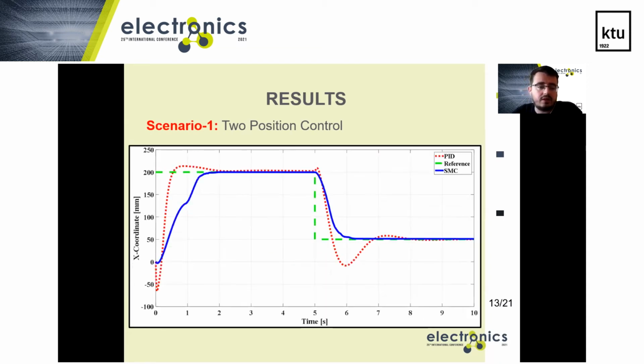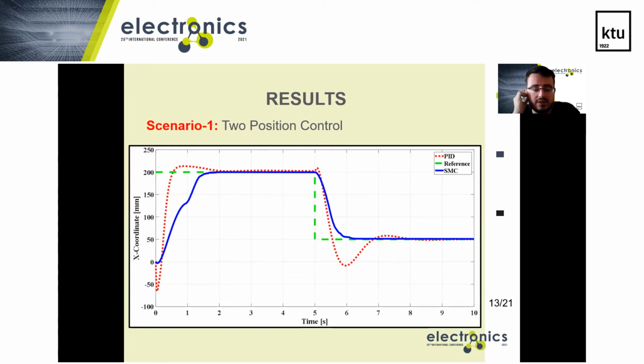We can check the coordinate results. This picture represents the X coordinates. Firstly, I want to share this information. We planned the total movement of the robot as 10 seconds, and in the first 5 seconds, the robot should go to the first location, and then between 5 and 10 seconds, the robot should go to the second position.